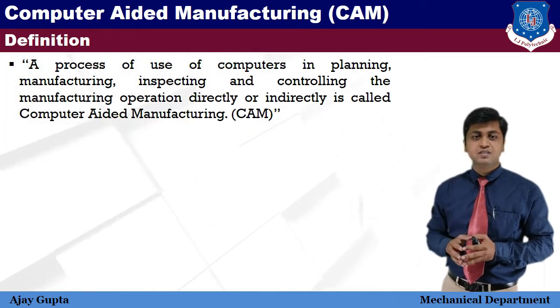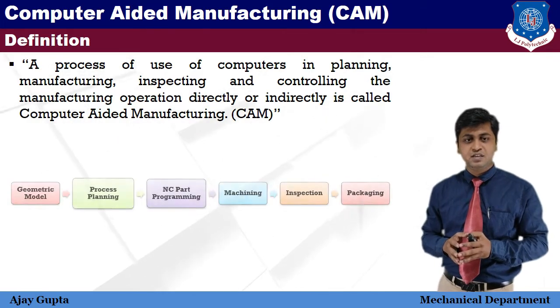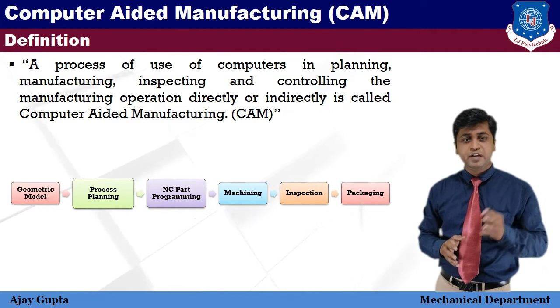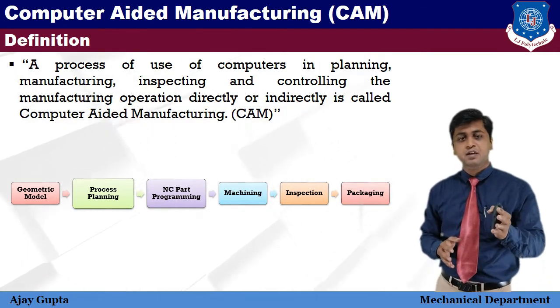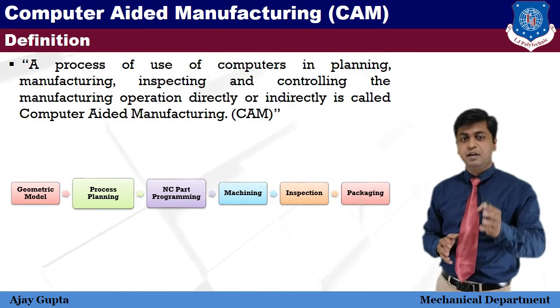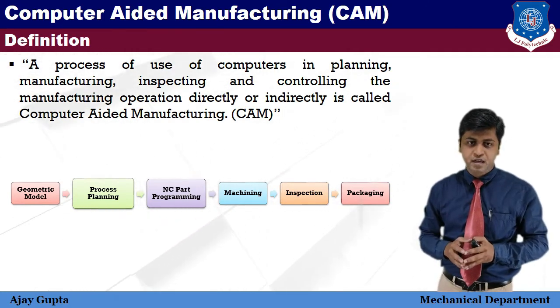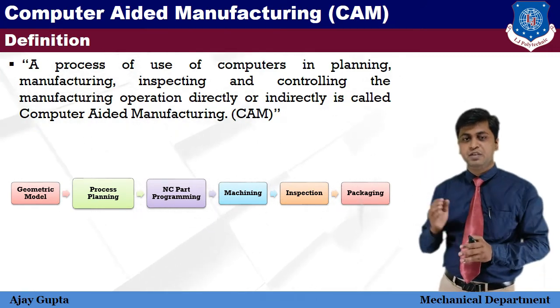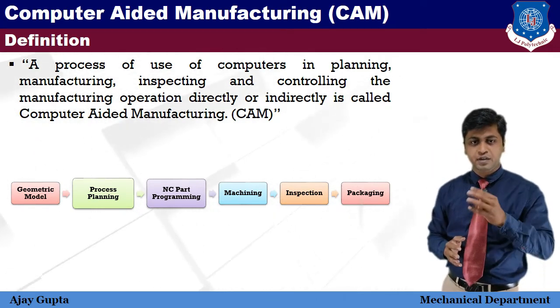The various steps in the computer aided production process are shown in this chart. First, the geometric model is prepared, and then the process goes for planning. After the planning, the NC part program is prepared, and this NC part program is inserted into the machine, and the machine will start the manufacturing or cutting.